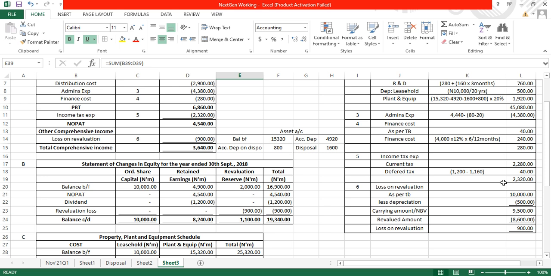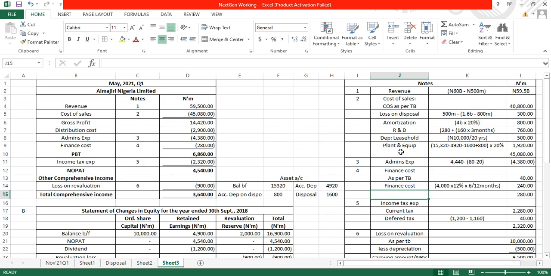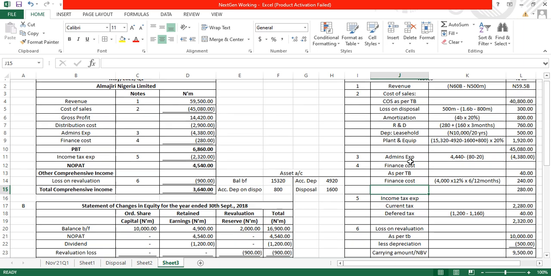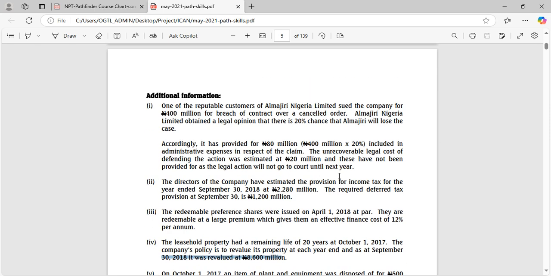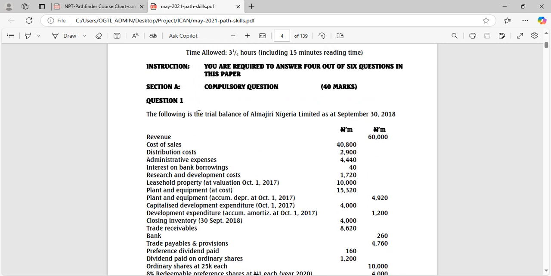It's the R and D, I believe. 760 for our workings.